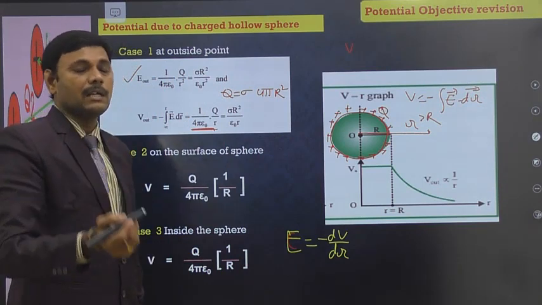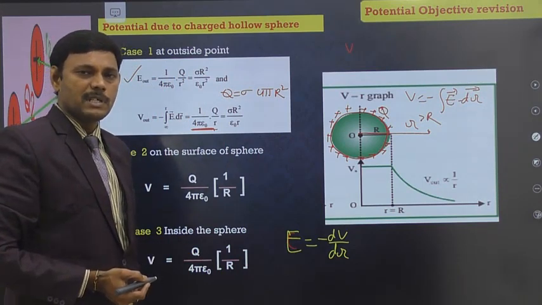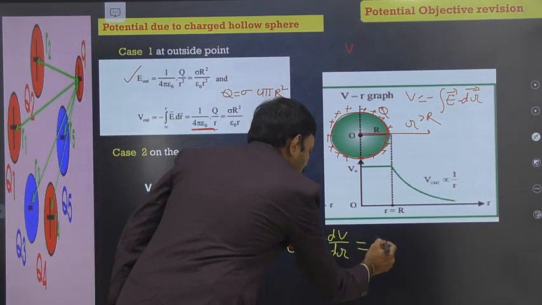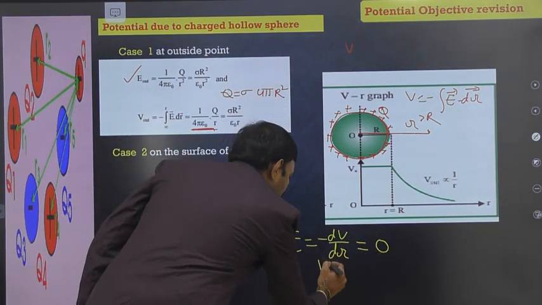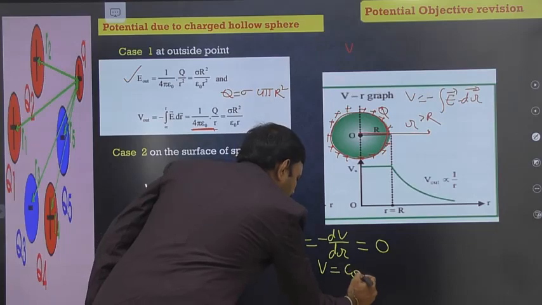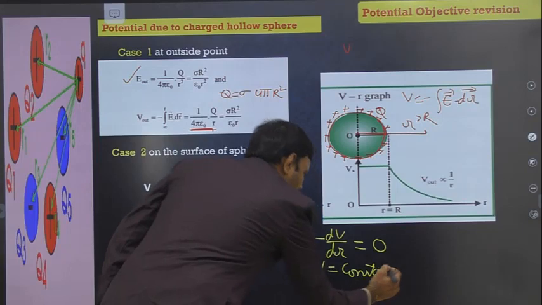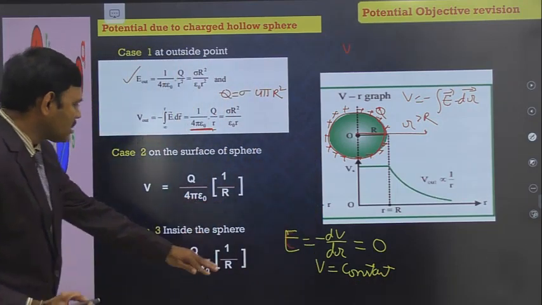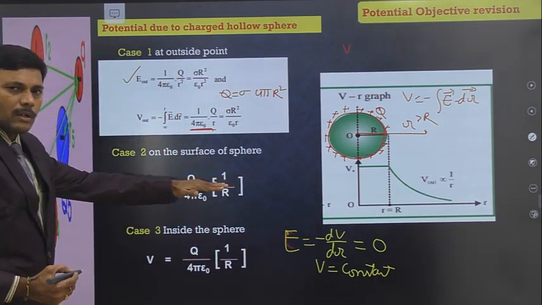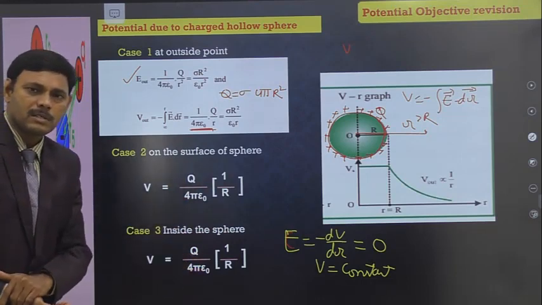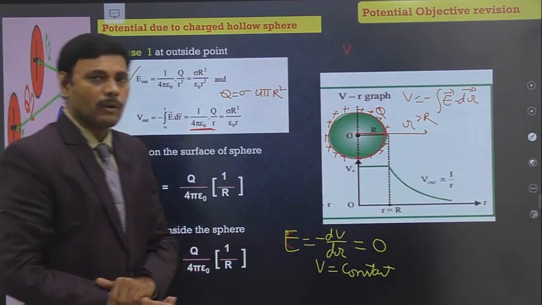In the electrostatic charge and field chapter, we know that electric field inside the charged hollow sphere is 0. Minus dV by dr is 0, which means V is equal to constant. This implies potential is constant. Constant means its value is the same as the surface value. Therefore, inside the hollow charged sphere, potential is q by 4 pi epsilon naught into 1 by R.